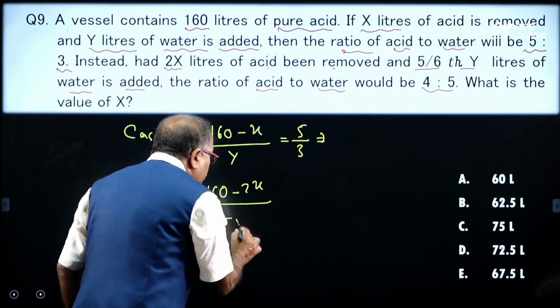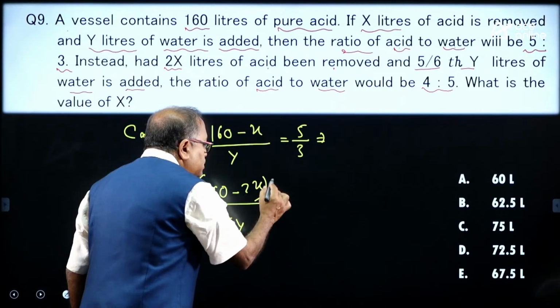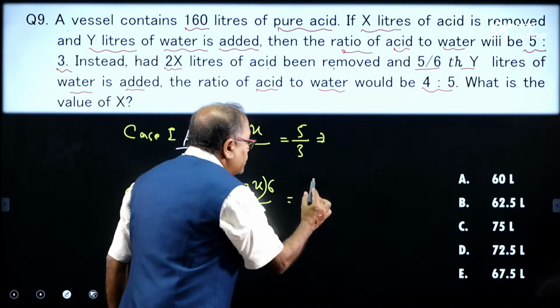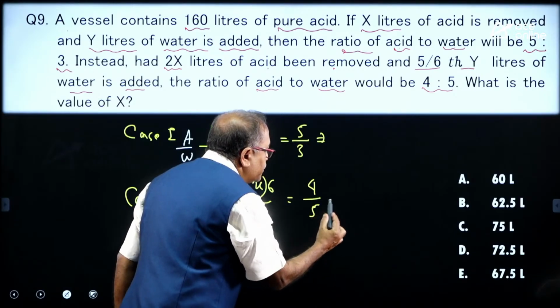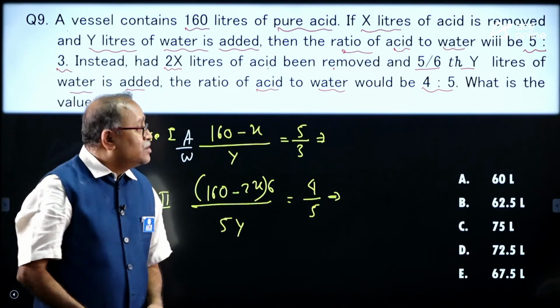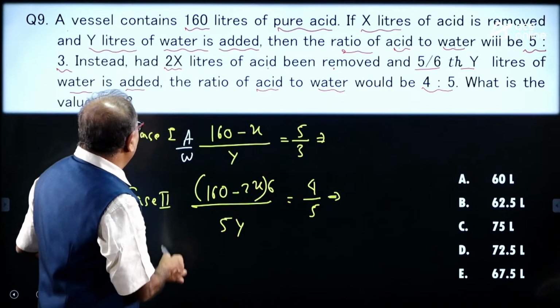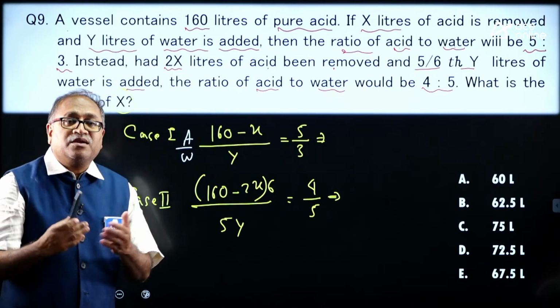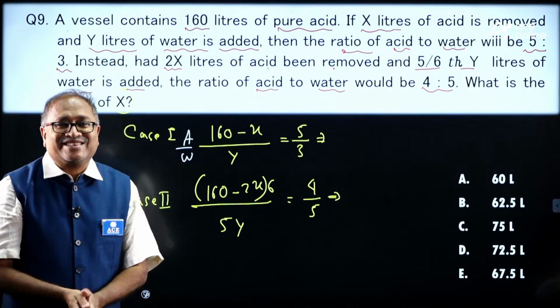Then the ratio would have been 4:5, that is 4/5. You get one equation from here. So, can we find out the x value? Once you frame the equation, eliminate the y, you will get x.